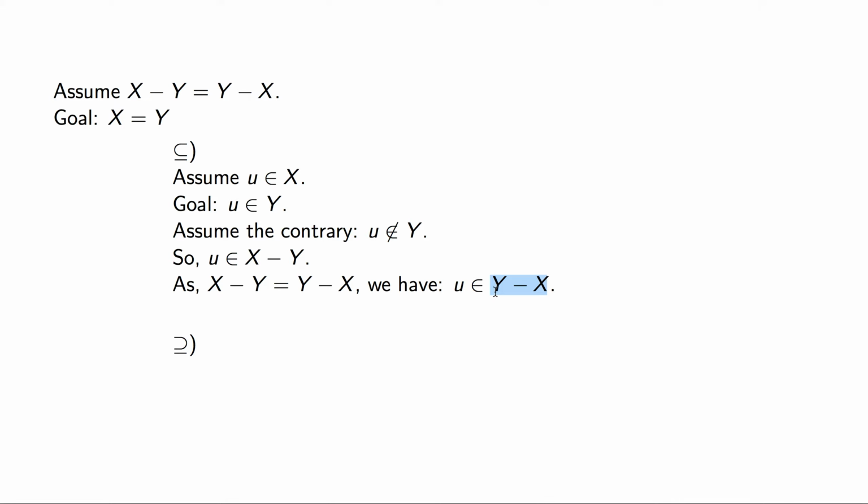And if so, it is a member of the first set and not a member of the second. But being a member of the first set means that it is a member of y. We obtain that u is a member of y. This contradicts our assumption that it was not a member. We have a contradiction. This contradiction concludes the proof of this inclusion.